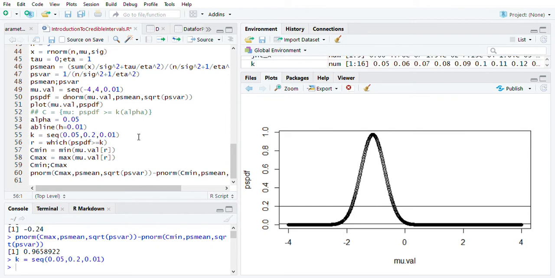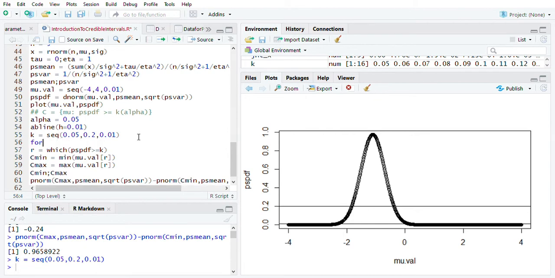Now let us try to put this in a loop. So for i in 1 to length of K, we are going to repeat this procedure for these many values of K. So what we are going to do? Every time let us store this.